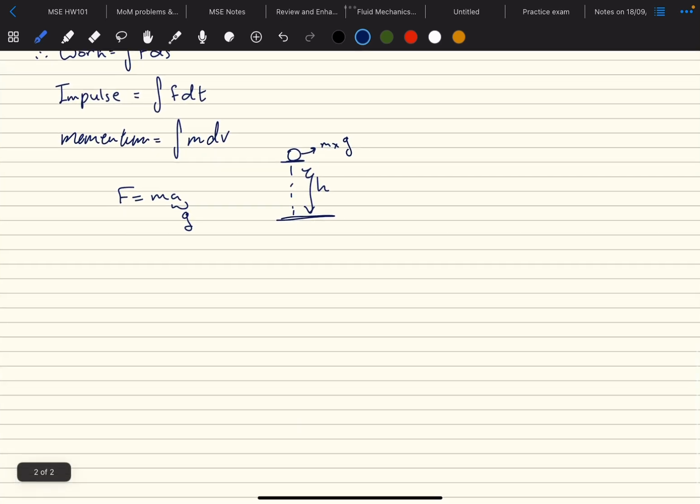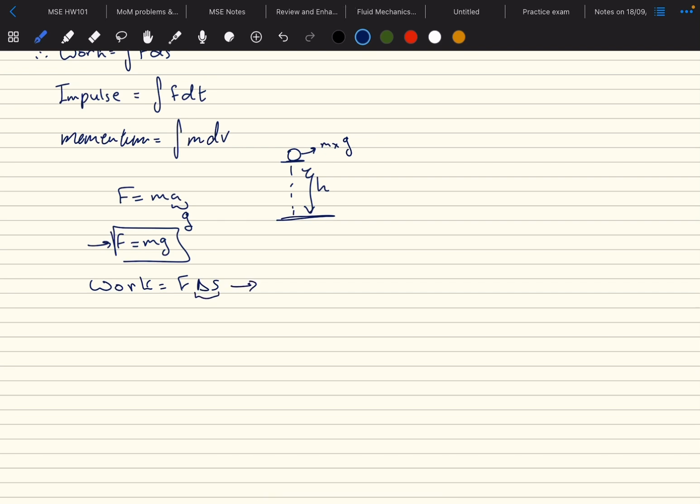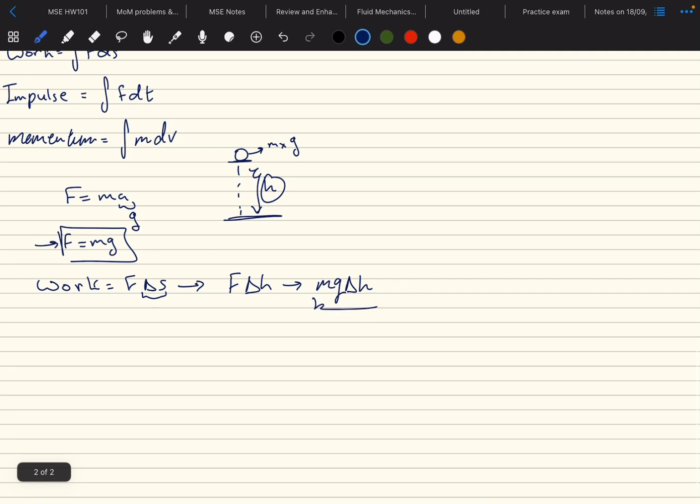Therefore, F is equal to mg. And work is equal to F delta s, which, assuming delta s is the displacement of the height, would be F delta h, which would be mg delta h. This would be called potential energy.